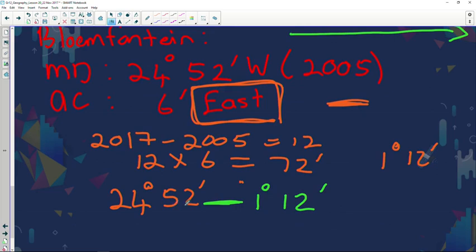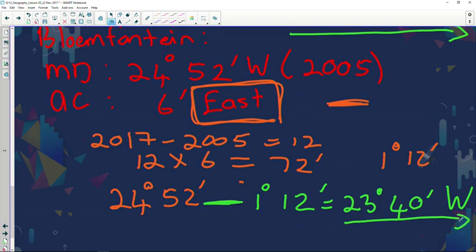Let's start with the easiest. 52 minutes subtracting 12 minutes gives us 40 minutes. 24 degrees subtracting 1 degree gives us 23 degrees. So our correct answer will be 23 degrees and 40 minutes west. The chances that you're going to get a map where the annual change moves in the easterly direction is quite rare, but please pay careful attention that this question might be asked.